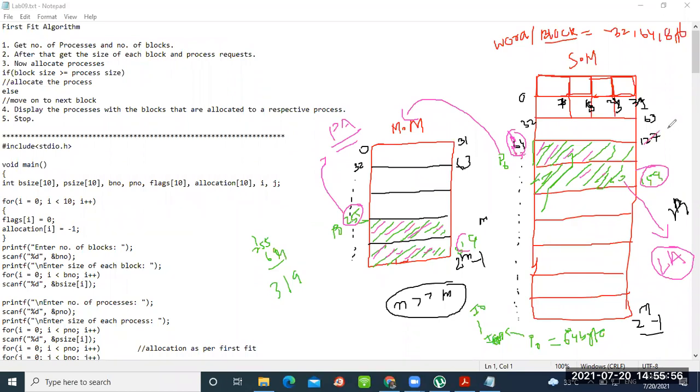It will be 96. The block size is 32. Then it will be 127. The block size will remain the same because it depends on your hardware architecture. Remember that the memory block size always remains the same, it is not variable. That means if one block is 64 bits, the other block being 128 bits is not allowed. It will be in the same block size.